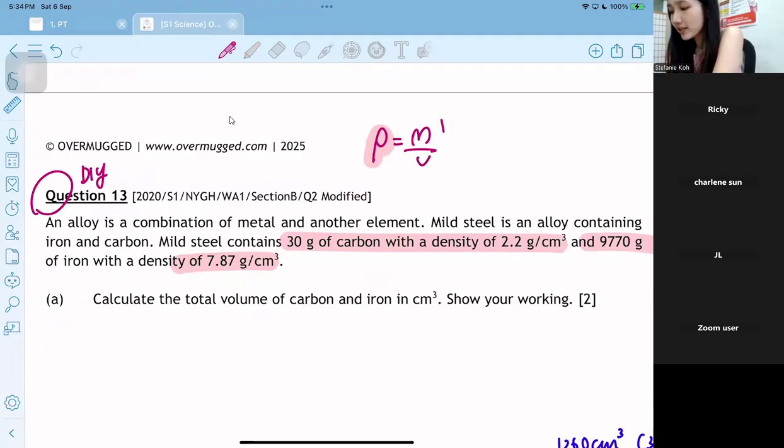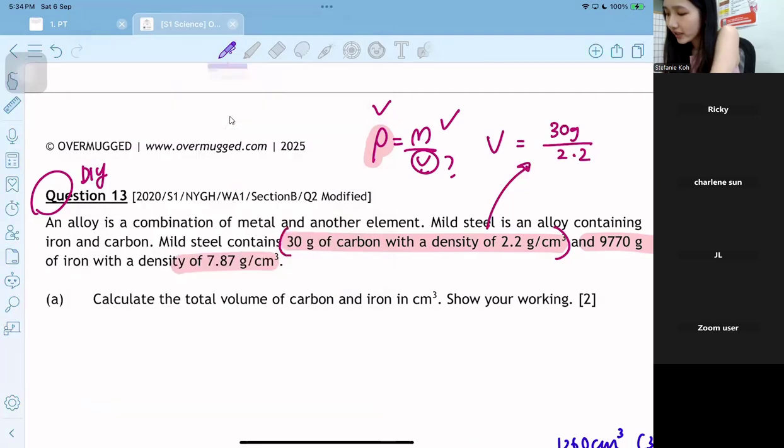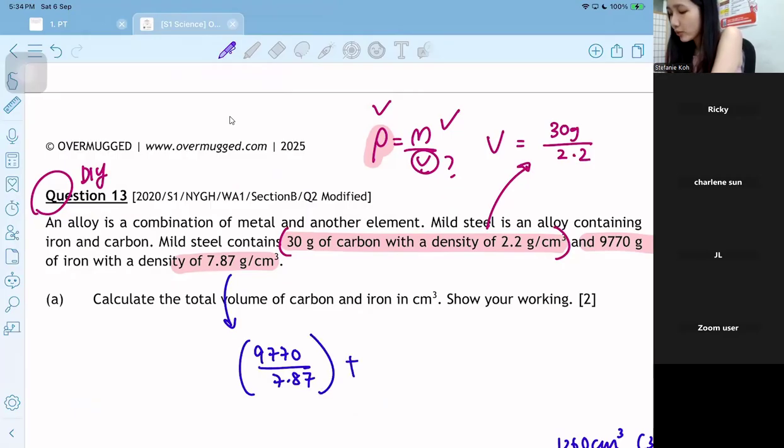Given the mass, look at carbon first. Given the mass and the density, can you find the volume? Yes, just rearrange, right? So volume of carbon equals mass divided by its density. Then we want to find the same thing, volume of iron. You will take mass divided by its density. So these two added up would be your total volume.